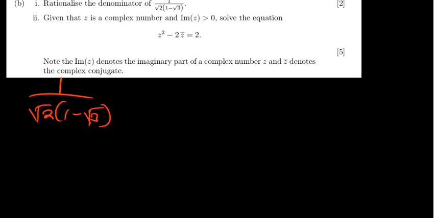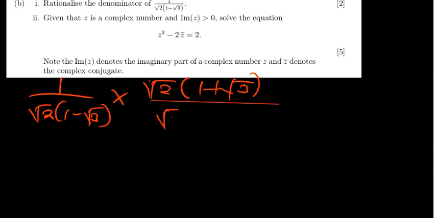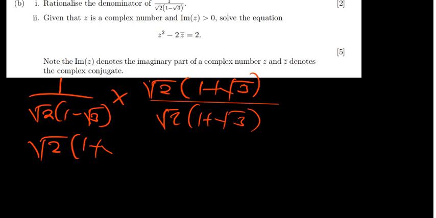You can just say this times the square root of 2, then you just change here, put plus. Then we do this times this, we're going to get the square root of 2, 1 plus the square root of 3.